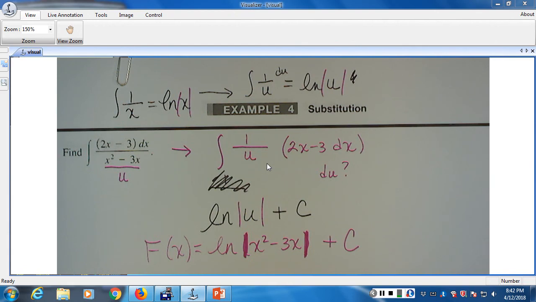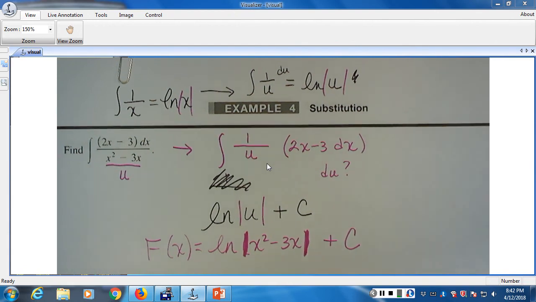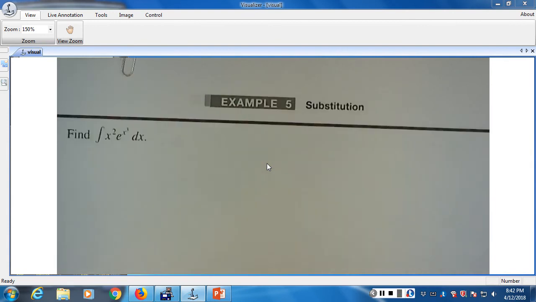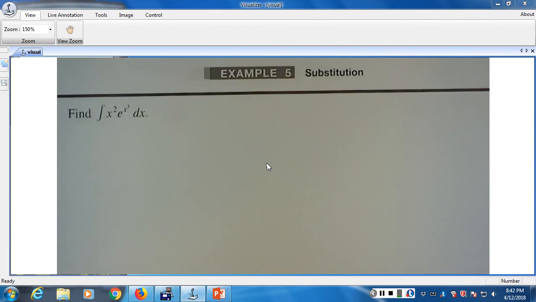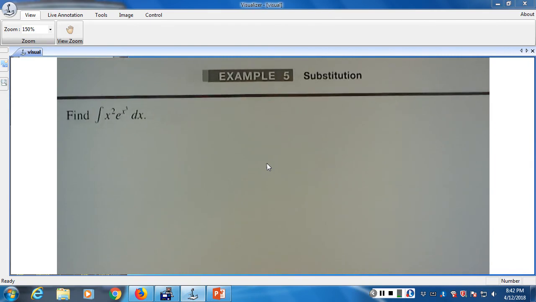Okay, I want to say the words last example because I'm going to change something. Our last example, we have e raised to the power of x cubed, multiplied by x squared, and then there's a dx.